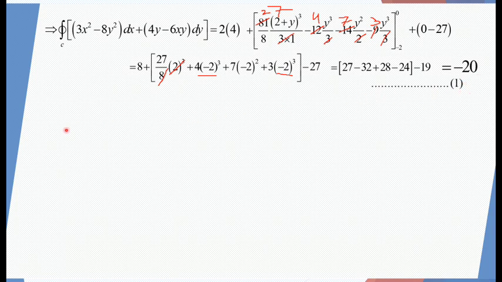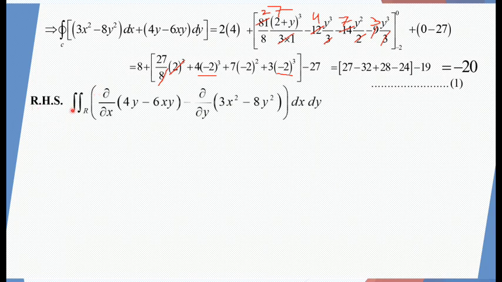Now moving on to the right hand side. So right hand side is double integral of del N over del x minus del M over del y dx dy. So N is 4y minus 6xy and M is 3x square minus 8y square. So on differentiating partially this particular function with respect to x, then 4y is 0 and minus 6y only remains.